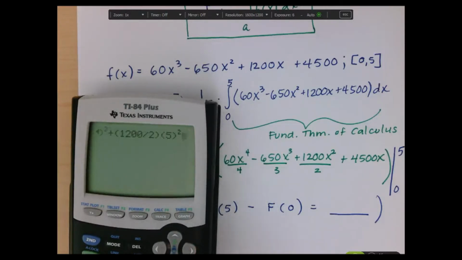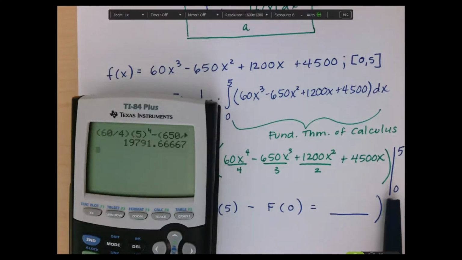And again, I can definitely reduce a lot of these, but I'm just going to keep it easy. And so all of that gives me 19,791.67. Now I also need to subtract f of 0, or the antiderivative evaluated at 0.